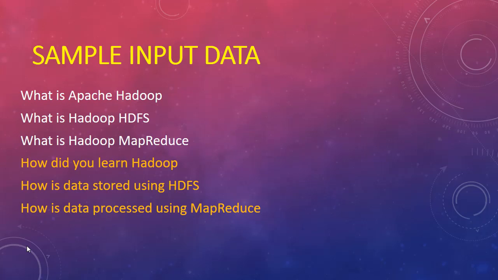Okay, so I have taken 6 records here. This is my input file. I want to process this input file in such a way that I find out the count of each word. As we have seen in the previous classes, we have written the word count program for MapReduce. We have written the word count program, no? The mapper code, the reducer code, the driver code and all. So now we'll be including the combiner class also in the word count program.